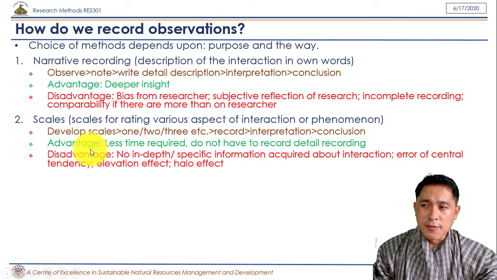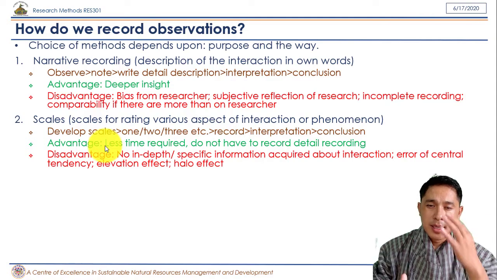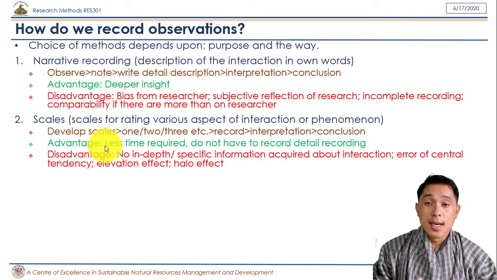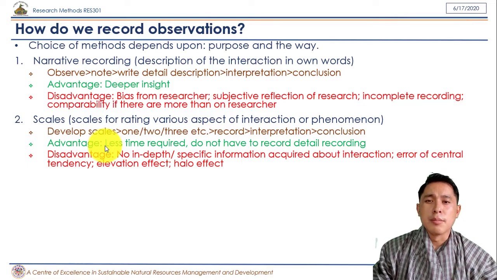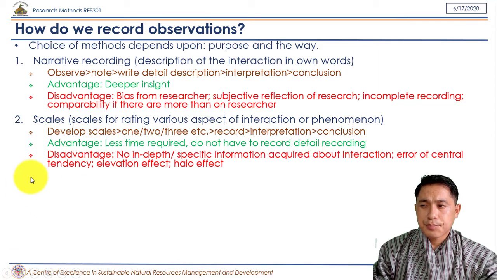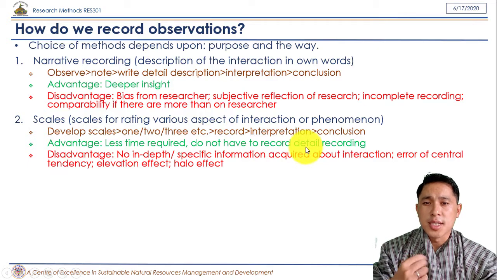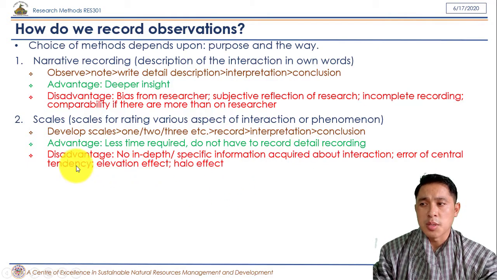One of the advantages of using scales is because the researcher has dedicated lots of time to make those into scales, and during the observation time, during the collection of data, you do not have to spend much time. So very little time is required to collect the data, and I do not have to focus on detailed recording because there are already choices that you just need to tick during the observation period.